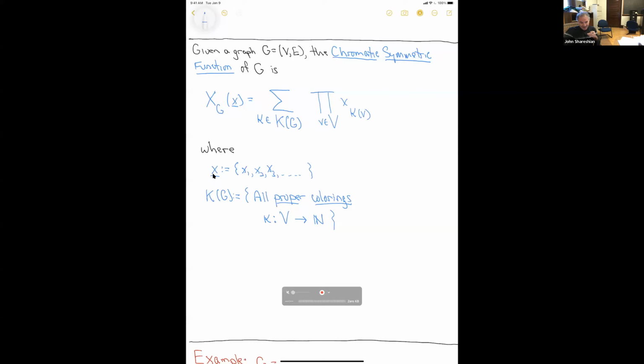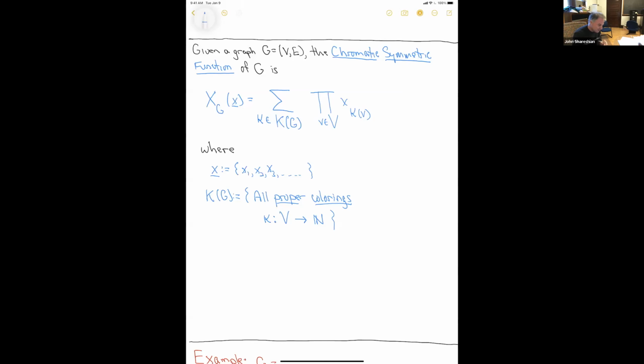So I have infinitely many pairwise commuting variables, and this set of all proper colorings. That just means I assign a positive integer to each vertex in such a way that 2 vertices connected by an edge get different colors. Associated to each such coloring is a monomial that just tells me how many times each variable is used. I add up all those monomials, I get the chromatic symmetric function.